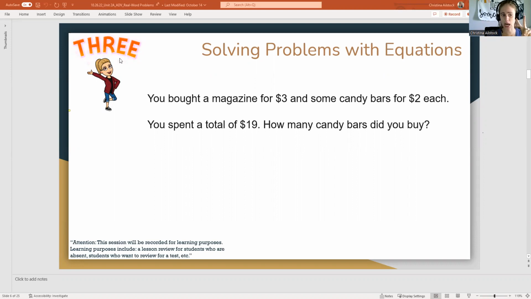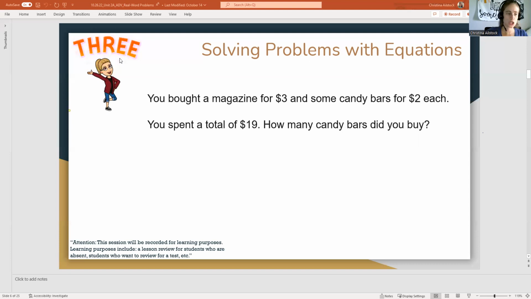And then the second time is when I'm hunting for that key information and then looking to see what exactly is my question? What am I trying to find? And then when I'm all done solving the problem, I will read it a third time just to make sure that I didn't miss anything, mess anything up, make sure that I truly answered the question that was being asked of me.